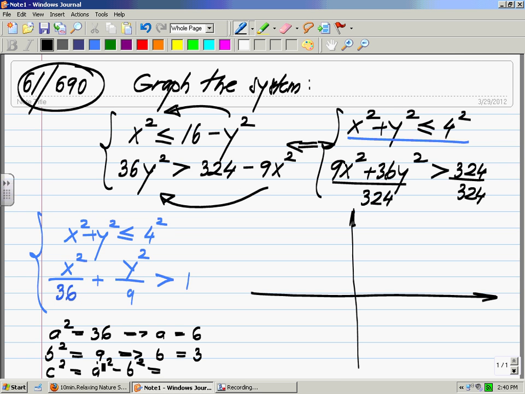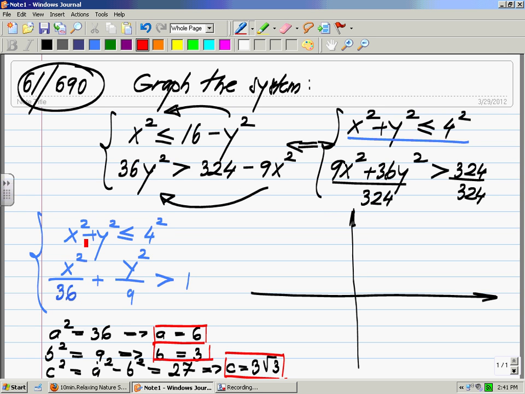And that is 36 minus 9, which gives me 27, which means c will be square root 27. Square root 27 is square root 9 times 3, which is 3 square root 3. Okay? So I know a equals 6, I know b equals 3, and I know c equals 3 square root 3. This gives me enough information to be able to graph my ellipse too.